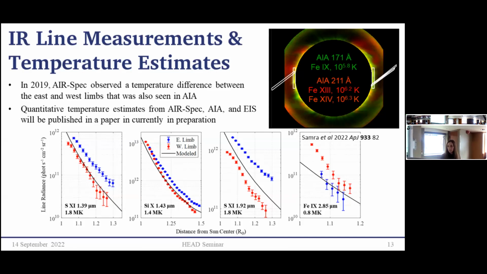So we're able to estimate the temperature using the infrared lines, and this is AIA data from SDO. It shows that clearly there were some temperature differences. The green line is cool and the red AIA data is hot.